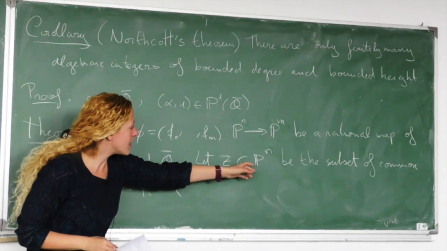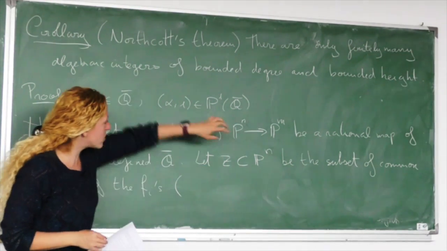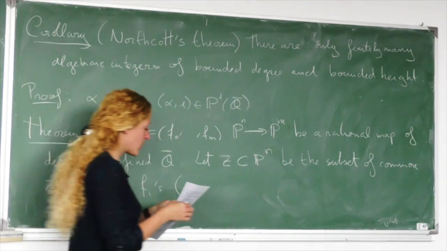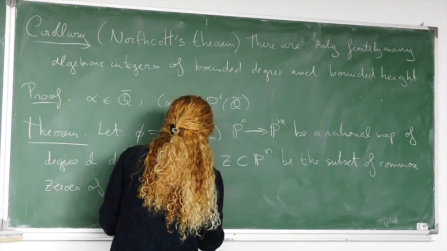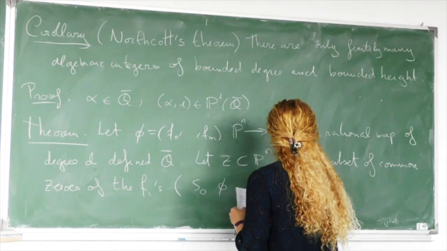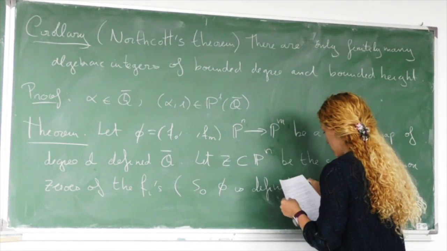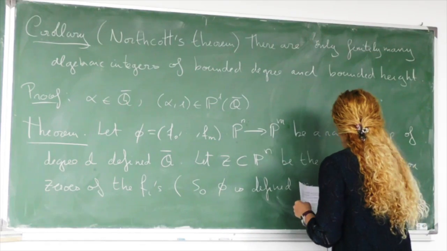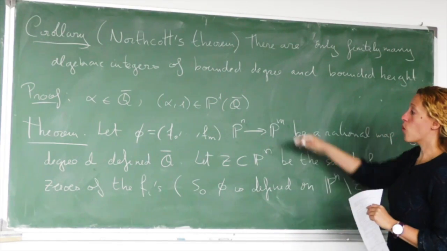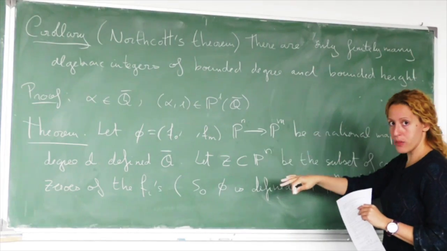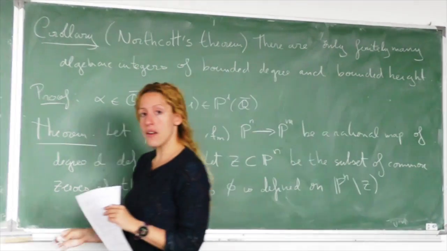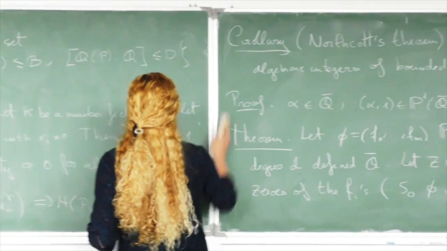Because Z is the set of points in which all of those are equal to 0, so the morphism is not defined. So phi is defined on P^n minus Z. Under those hypotheses, I'm sorry, I have no more space here, I have to move. We have the following result.